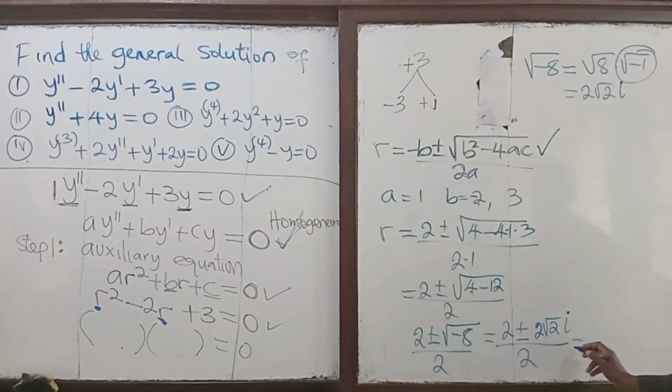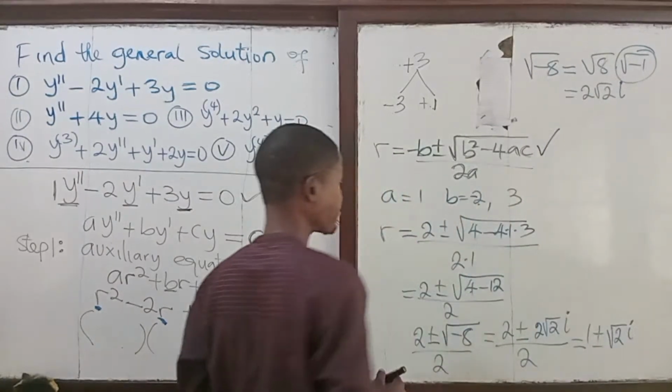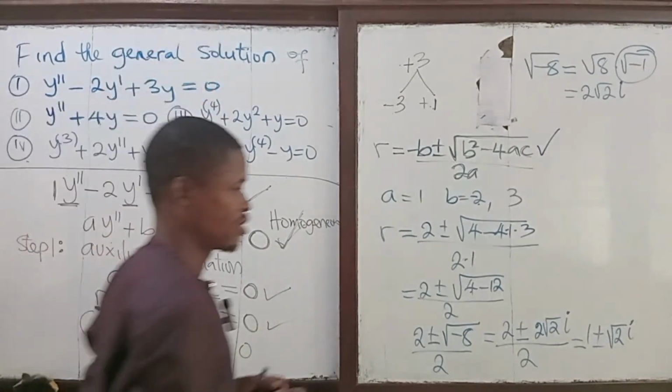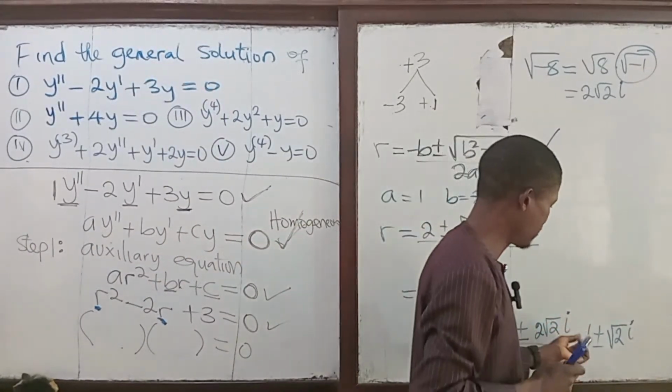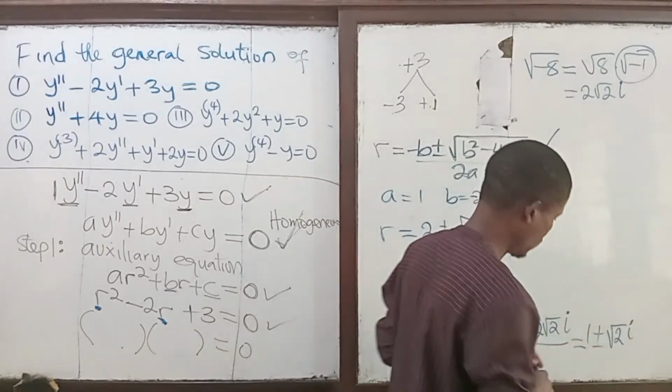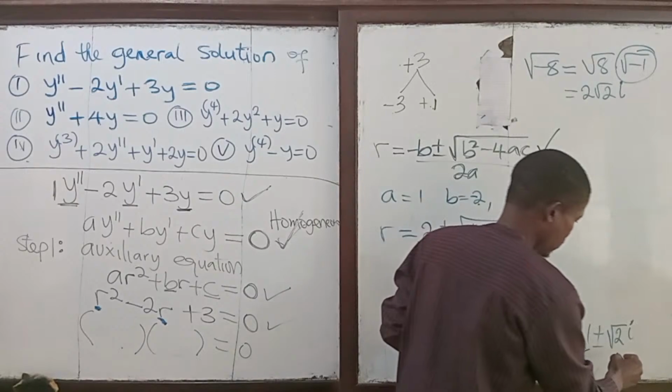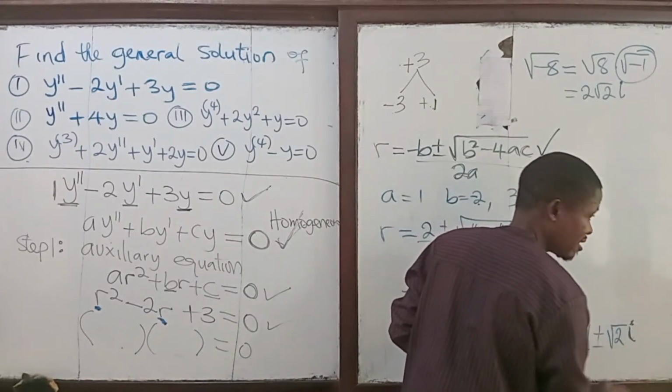So this will give you 1 plus or minus root 2 i. So this is giving us a complex function, in the sense that we have the real part, which is the 1, which we call the alpha. The attachment to your i is the imaginary part.